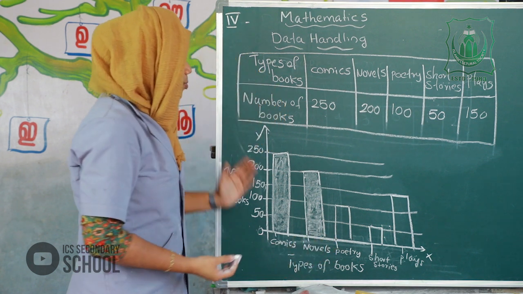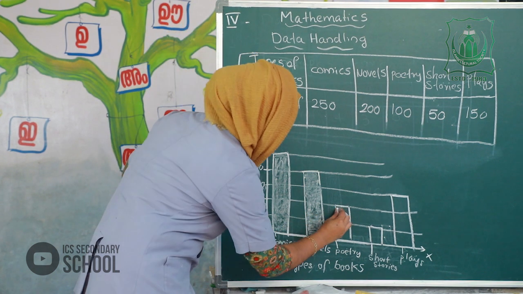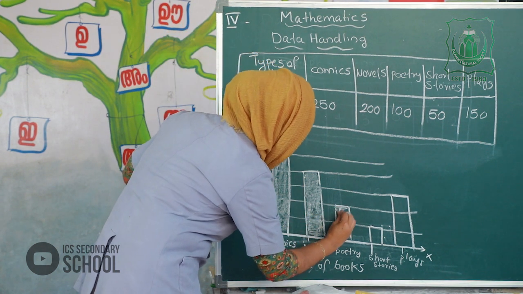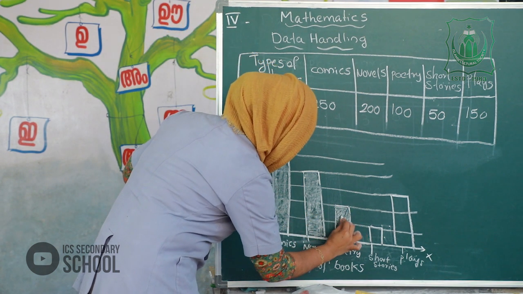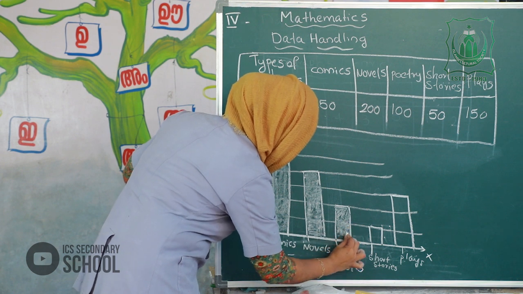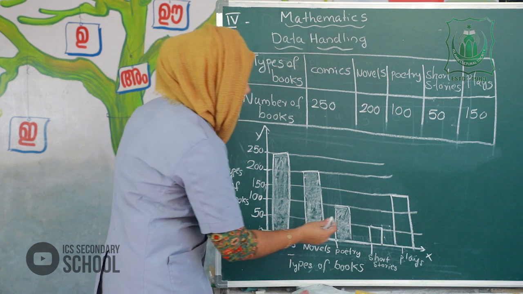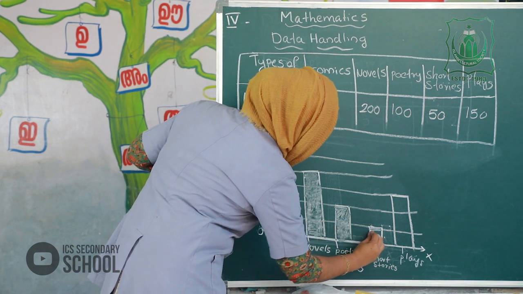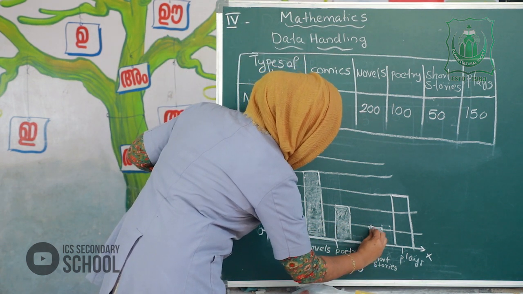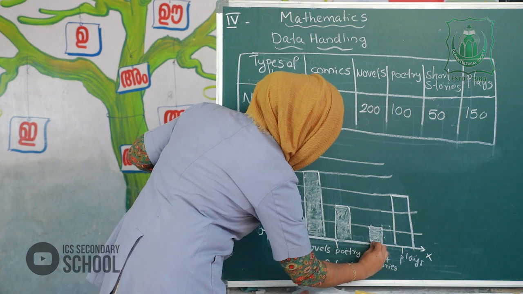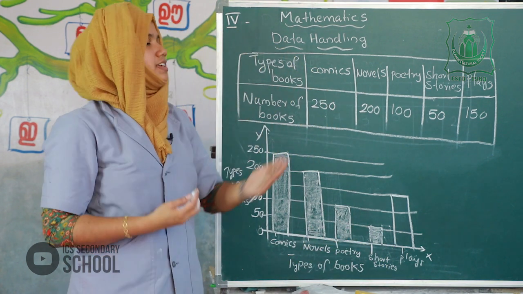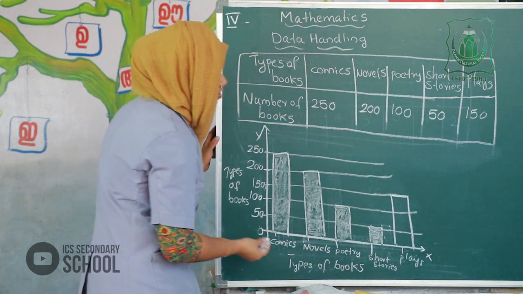Next, how many poetries are there? Yes, there are 100 poetries. How many short stories are there? 50. How many plays are there? 150.